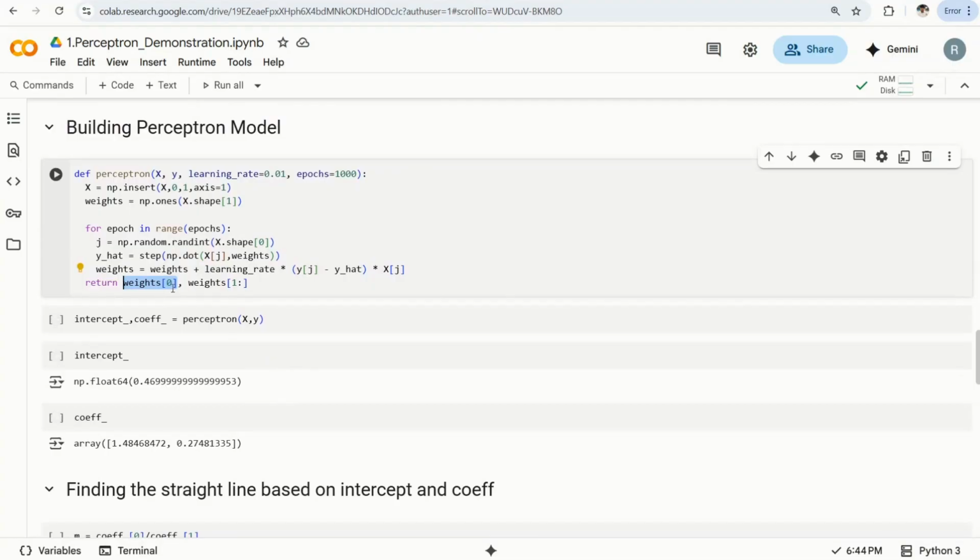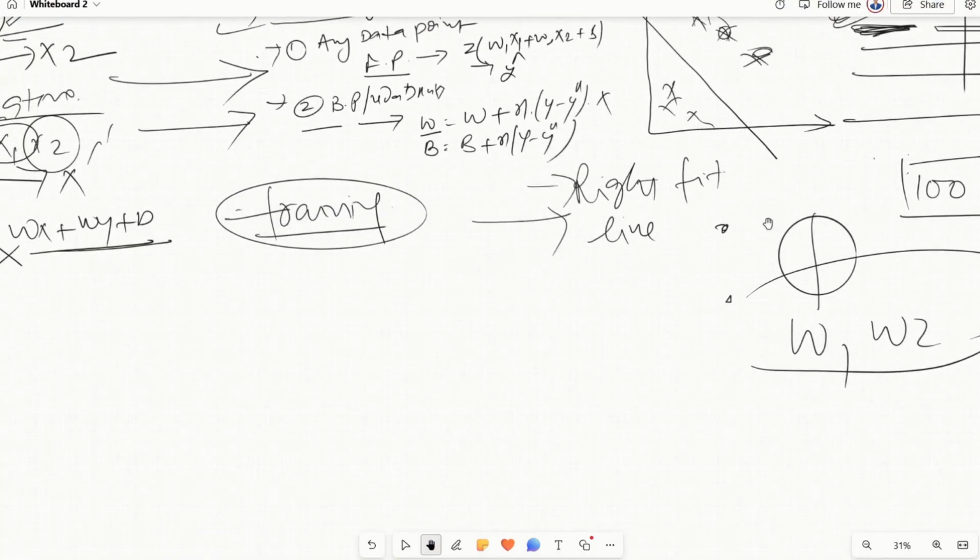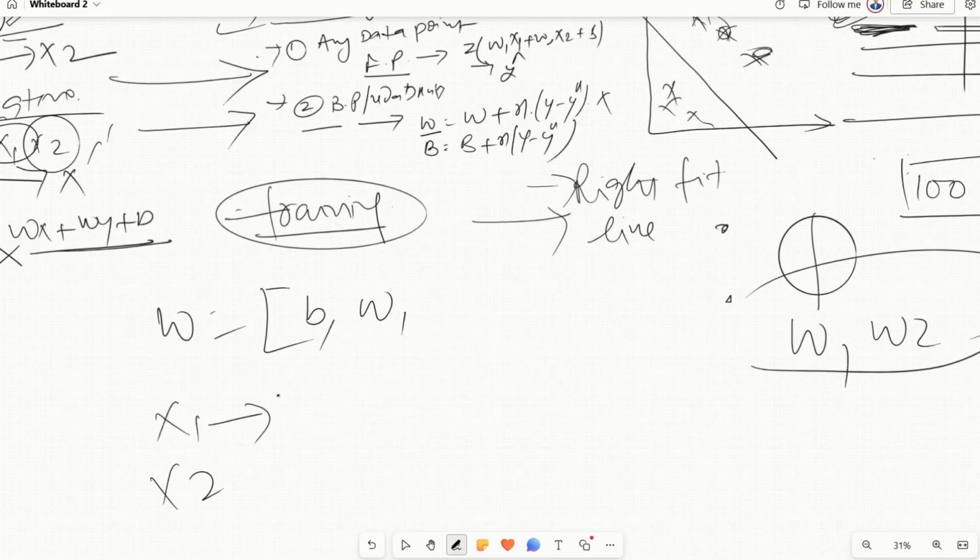Yes, it will give me the bias and the weights after one. This weight is an array. Let's suppose it's an array and it has three inputs. So this weight after calculation, let's assume this, will give you three things in the array. First the bias, and then, suppose I have inputs x1 and x2, for x1 I need to know the weight, for x2 I need to know the weight, and I need to know the bias.